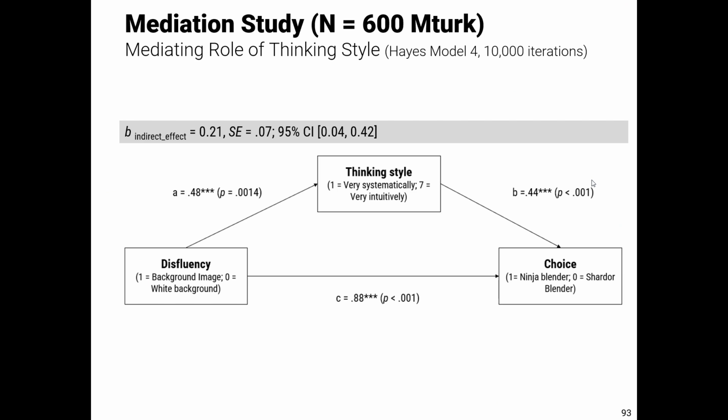And regarding the mediation test, running the model with 10,000 iterations, we found that when it was hard to read the information, or adding a background image, leads people to evaluate the option more intuitively, which in turn leads to choosing more often the option with a better brand, which is the Ninja Blender.